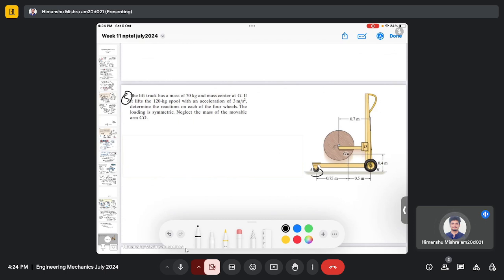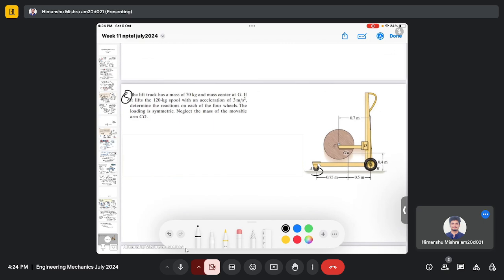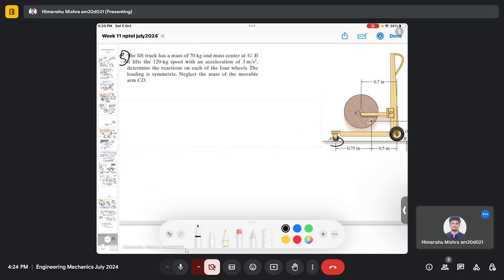So first let's make a free body diagram. Here the center of gravity is defined at the corner, which means we need to direct the weight from it.